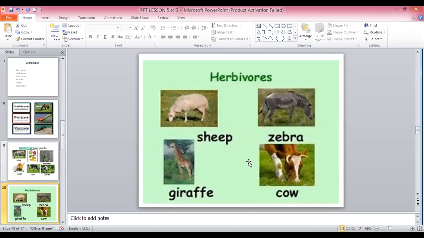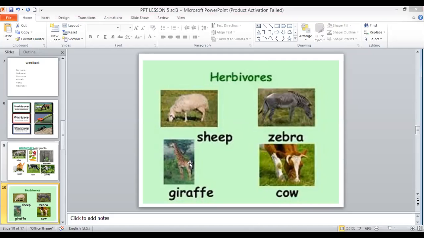Look at these examples: a sheep, a giraffe, a cow, and a zebra. All these are examples of herbivores. If I ask you to give me some examples, you can write down the names of sheep, giraffe, cow, and zebra.